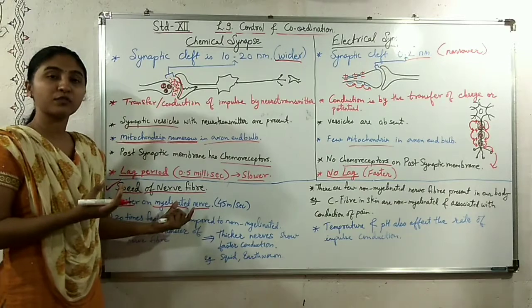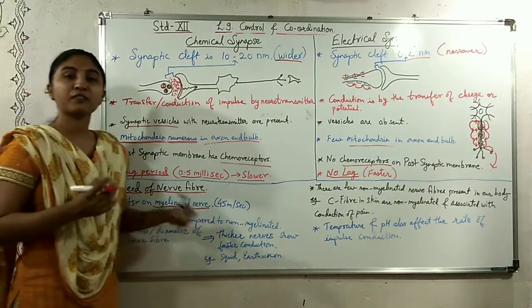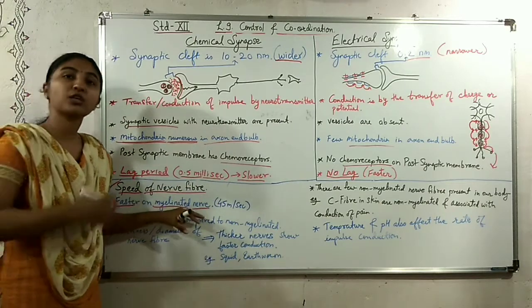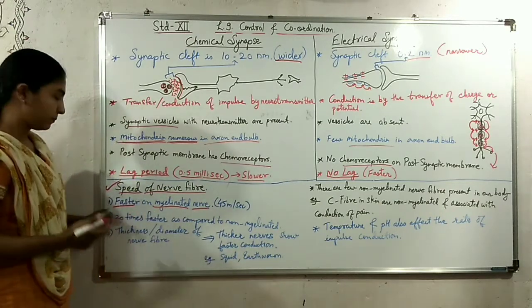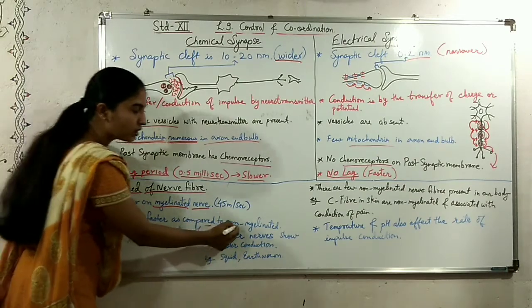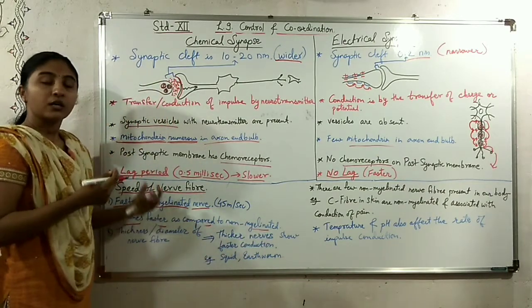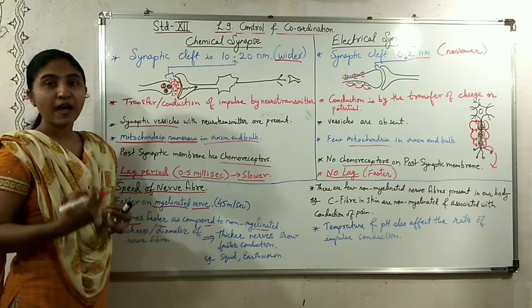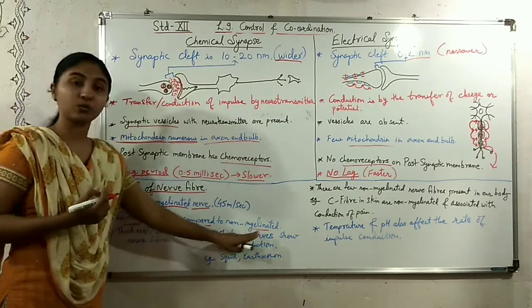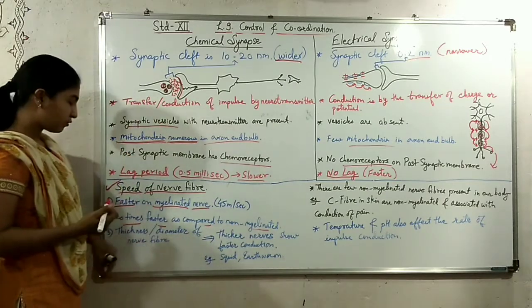If the axons of the neuron, or the nerve fibers, are myelinated, the speed of conduction of the impulse will be 20 times faster compared to non-myelinated fibers. So myelinated nerve fibers conduct the impulse 20 times faster than non-myelinated nerve fibers.